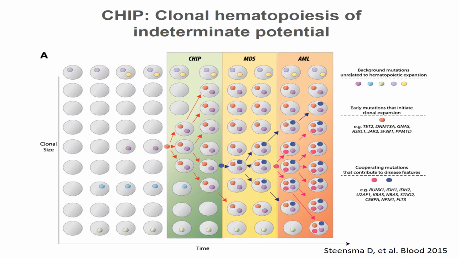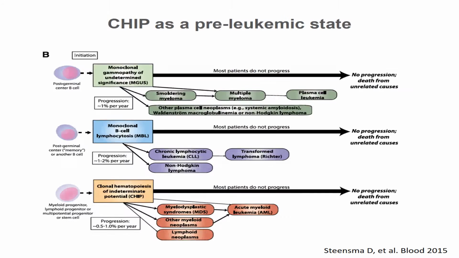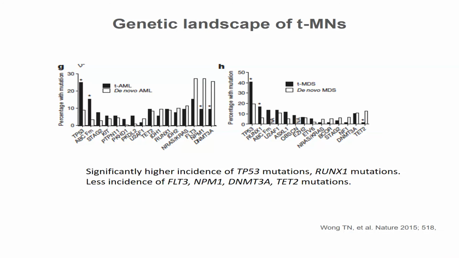There are a number of studies that now have looked at clonal hematopoiesis of indeterminate potential. They looked at a large population of quote-unquote healthy individuals without cancer, and they have identified a number of clonal mutations in these healthy individuals. They have shown that the incidence of these mutations increases with age, and the presence of these mutations does predispose them to a higher incidence of hematological cancers.